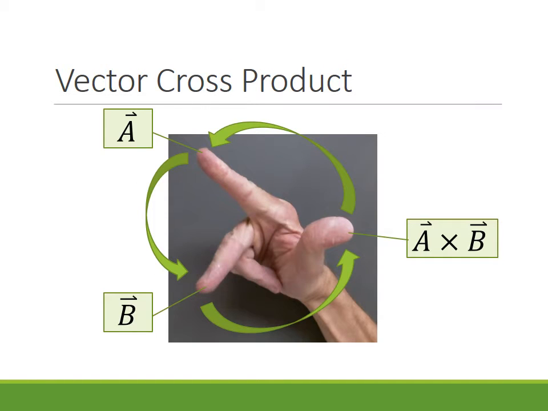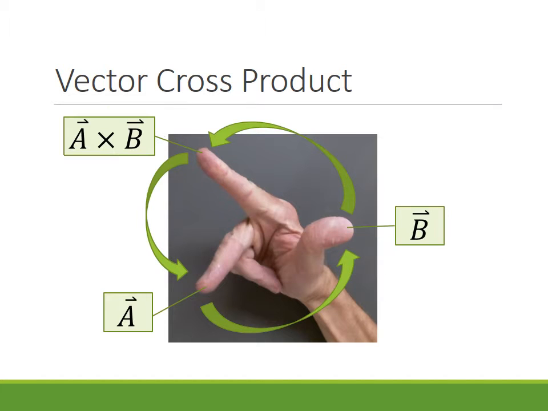Now back to the right-hand rule. If A and B are not perpendicular, then for the fingers representing A and B, we would have to replace A, for example, with the component of A perpendicular to B, or replace B with the component of B perpendicular to A. And again, it doesn't matter which finger we start with for A, as long as we go counterclockwise.